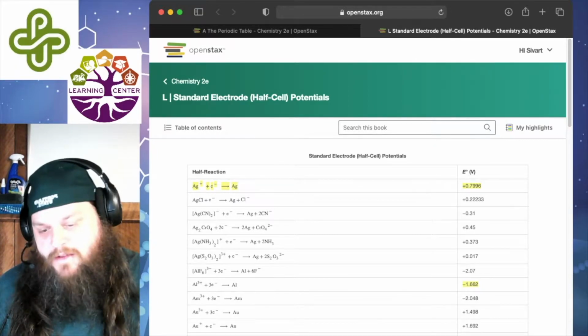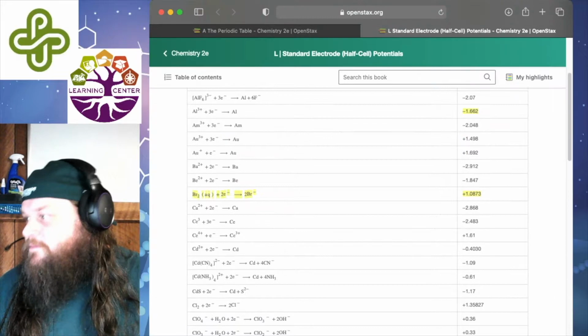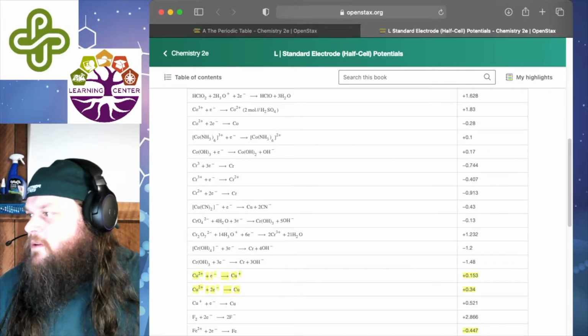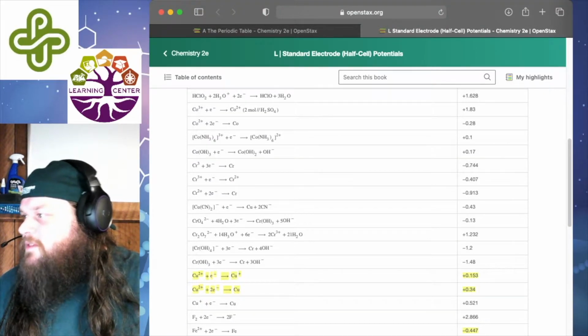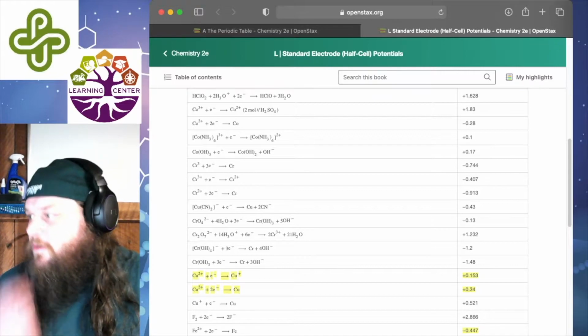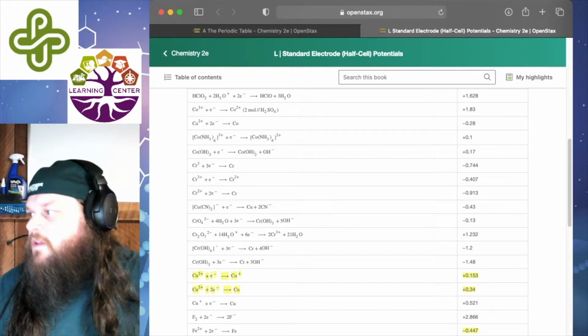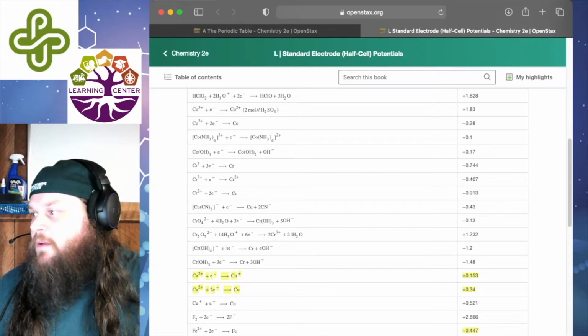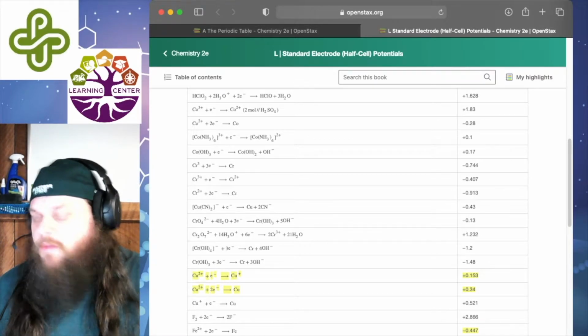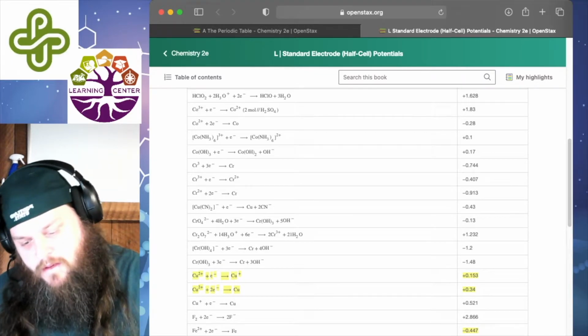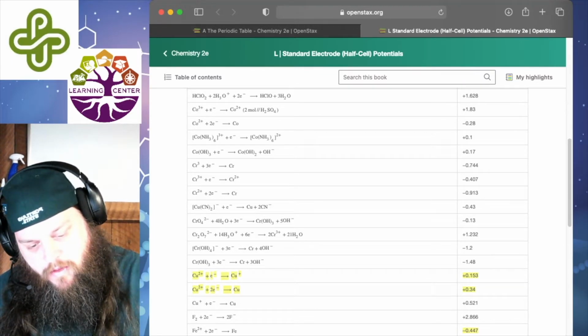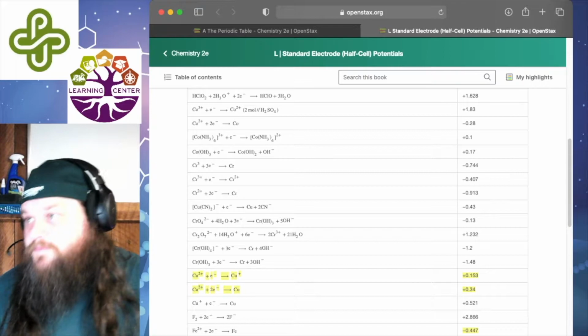We're looking for aluminum and copper. Going down, here's copper. There are actually 3, but I'm not worried about that third one. Two of them are copper 2 plus, and right now we're going to copper solid, so we want the second one I have highlighted at 0.34. So this is going to be 0.34 volts.